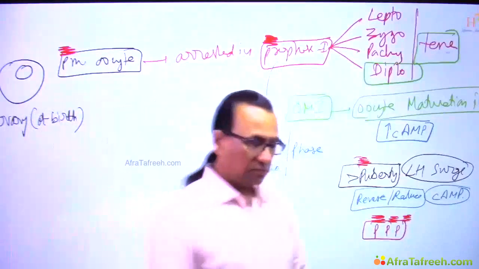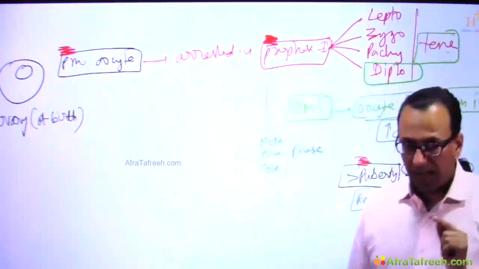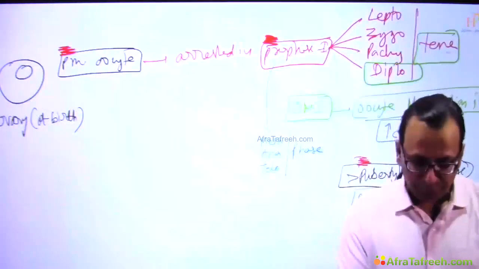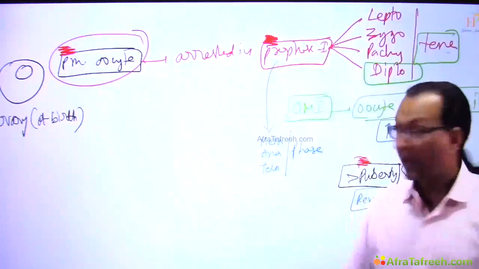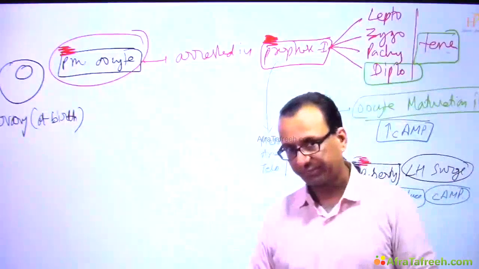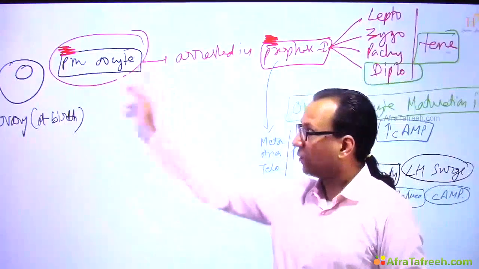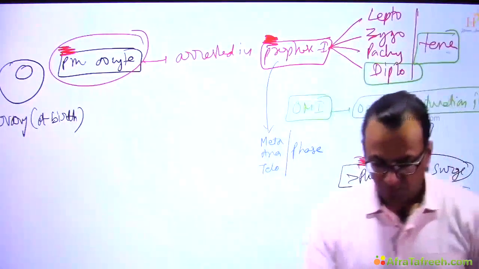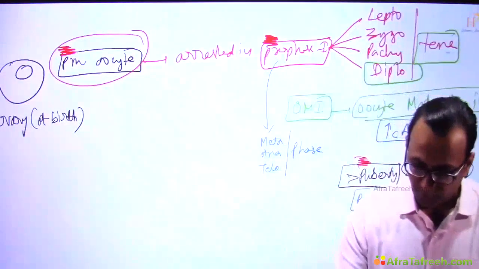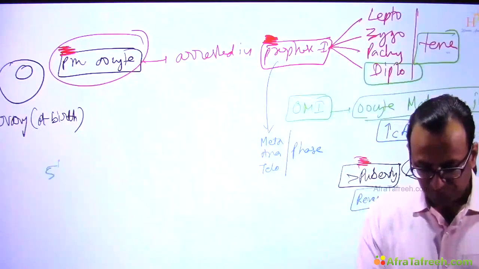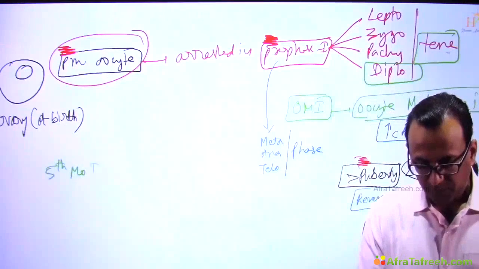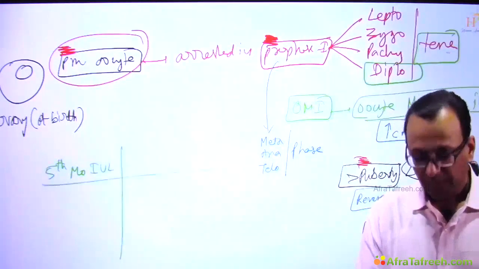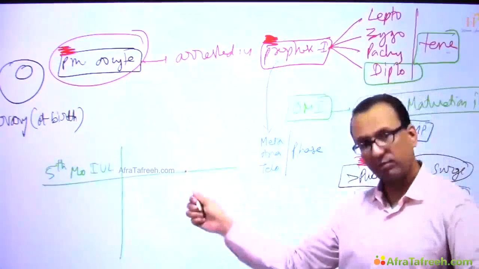Now a question comes: how many primary oocytes do you have at birth? How many primary oocytes do you have at the 5th month of intrauterine life? So questions are asking, in the 5th month of intrauterine life, how many primary oocytes are there? You say maximum.